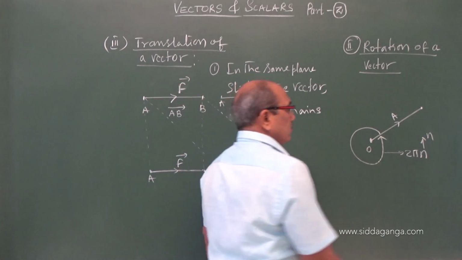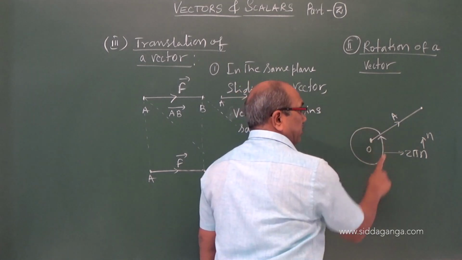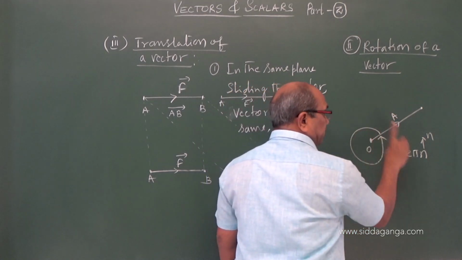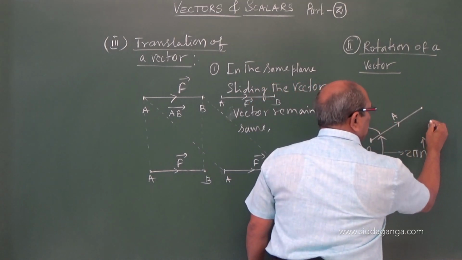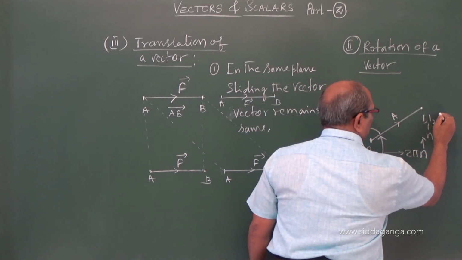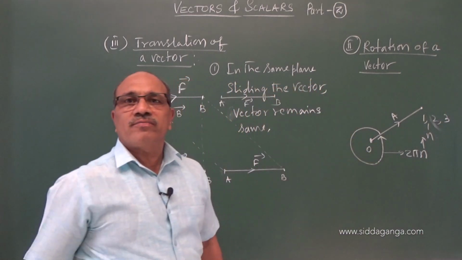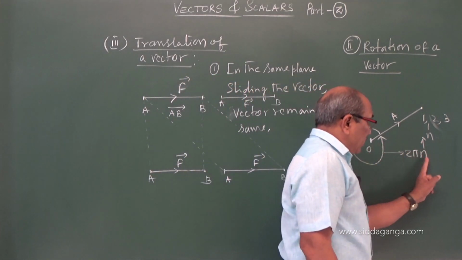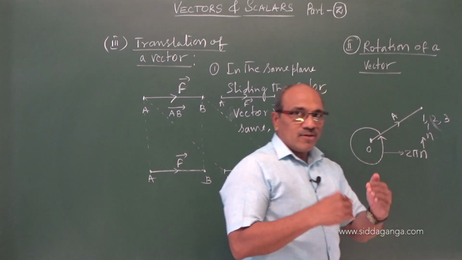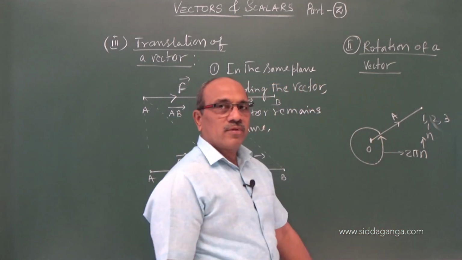What answer do you get? Same position, same direction, the vector is the same, the vector is not changing, where n is an integer like 1, 2, 3. It is not changing at all, it remains the same, provided 2 pi n, a complete rotation, and it comes back to the original position.